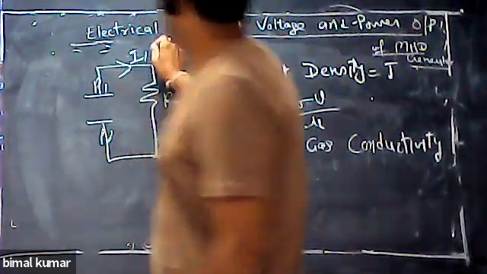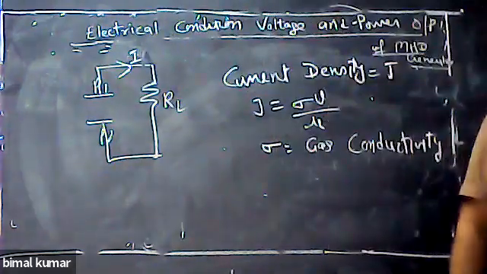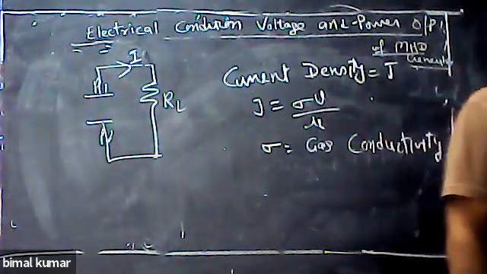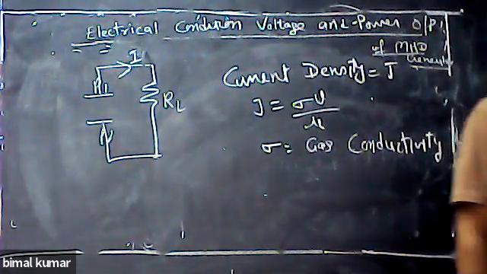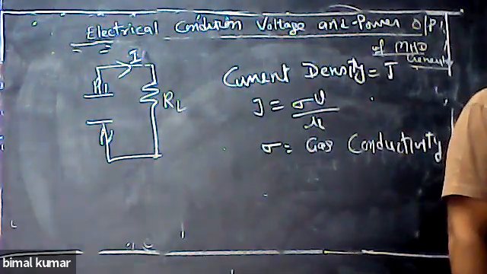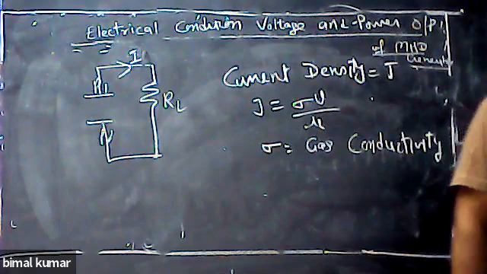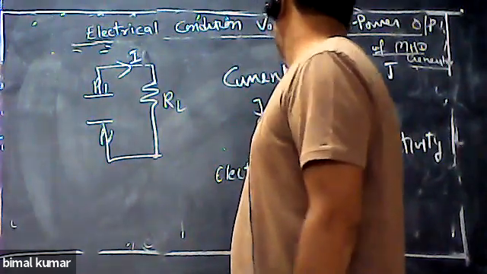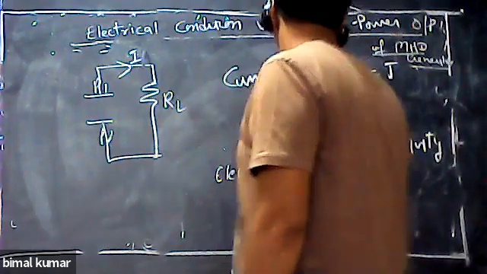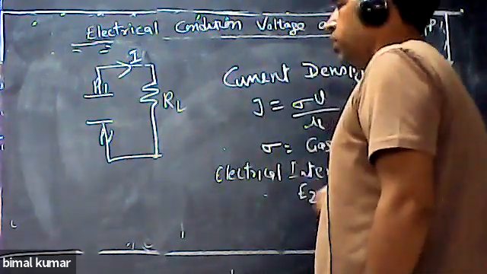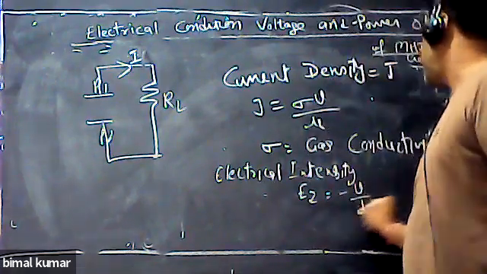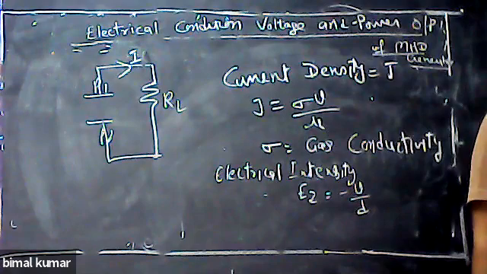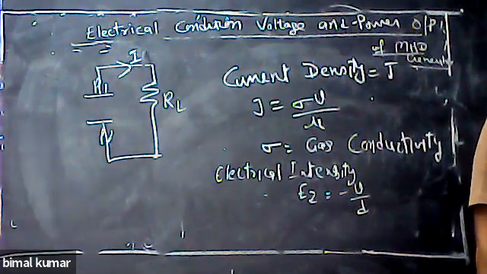When the current flows through the load, with the voltage V across the load, the electrical intensity between the plates will be Ez is equal to minus V by D, where D is the distance between the plates, right?